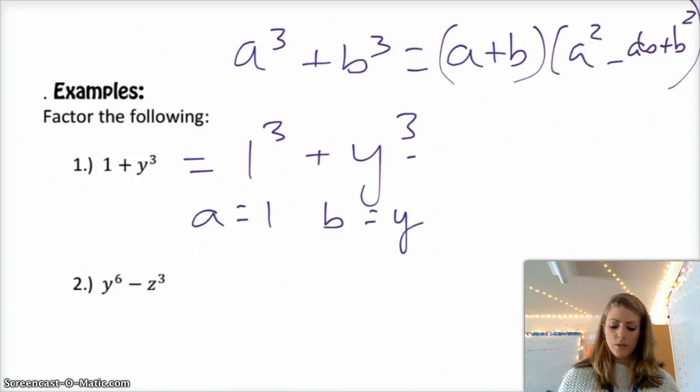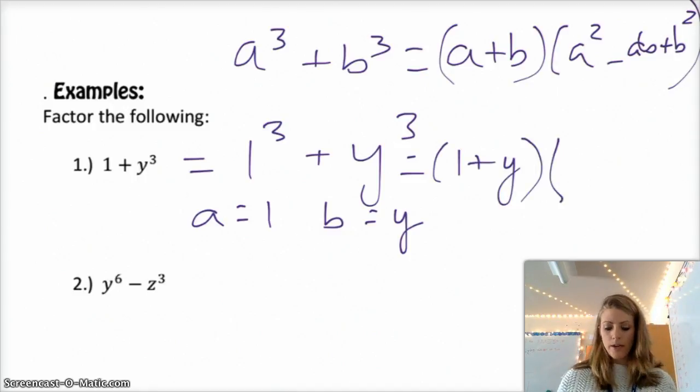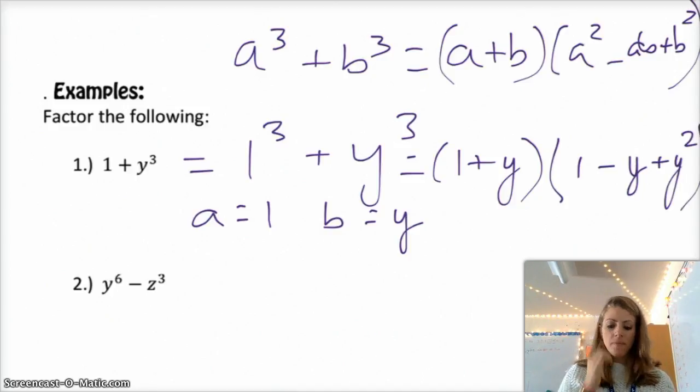So it's just equal to 1 plus y times 1 squared, which is just 1, minus 1 times y, which is just y, plus y squared, which is y squared. Okay.